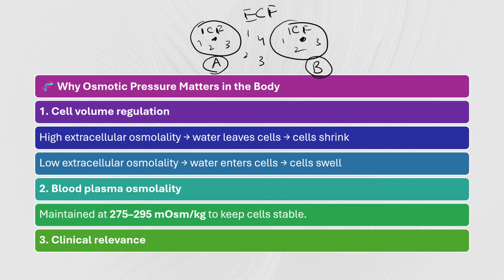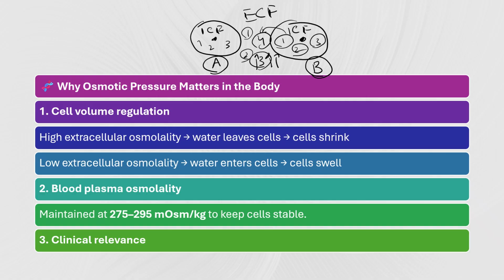Now, if the osmotic pressure is high in the extracellular fluid, the water will move from low solute to high solute concentration, because intracellular fluid has 3 particles and extracellular fluid has 4 particles.